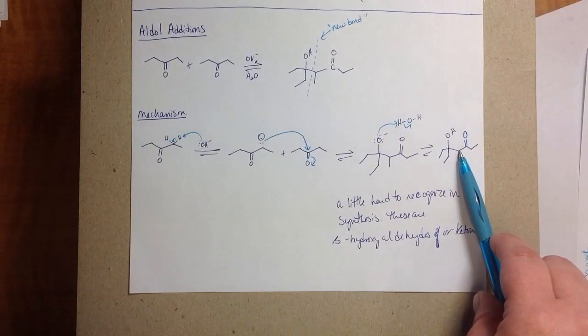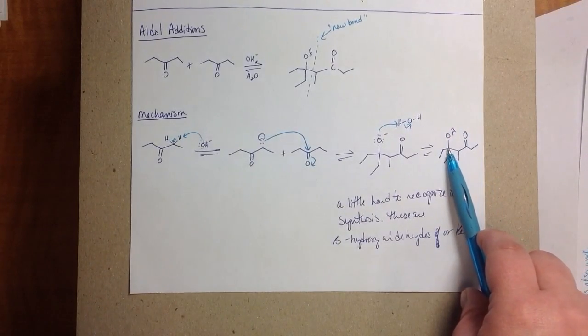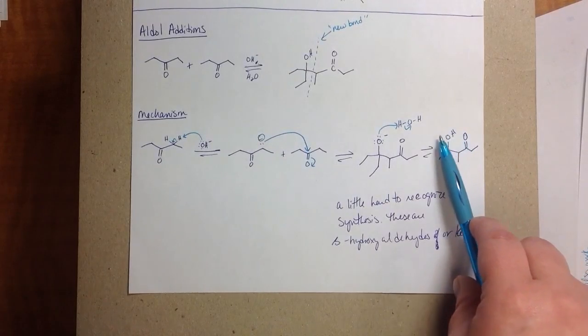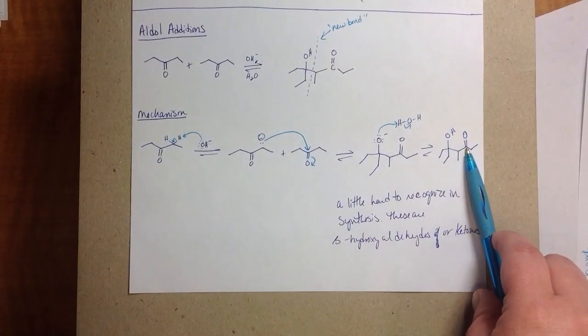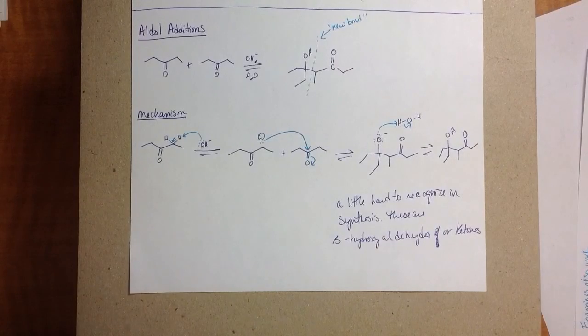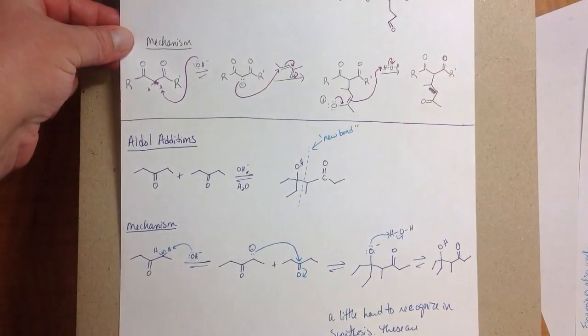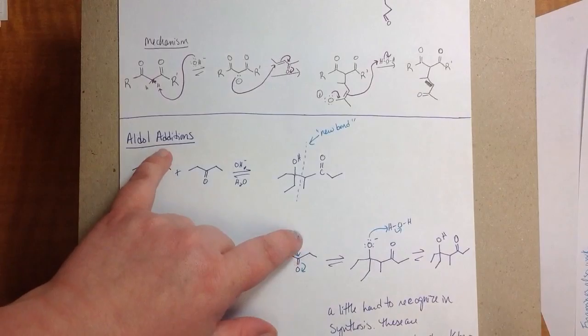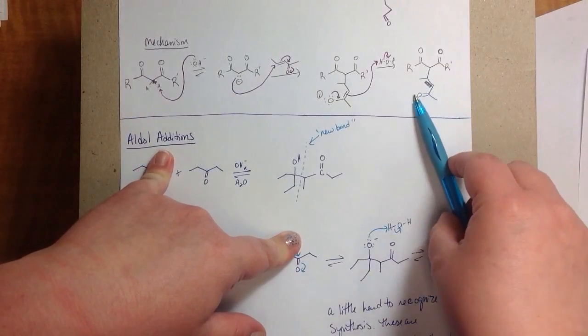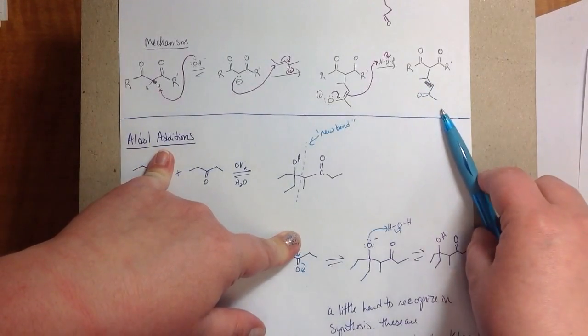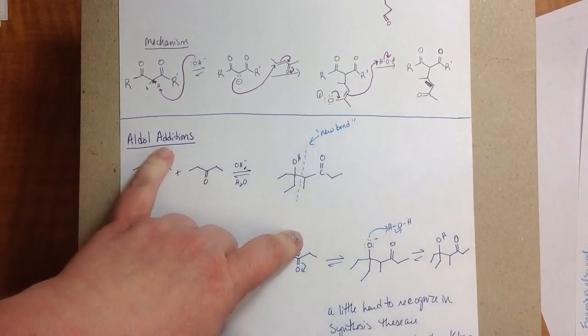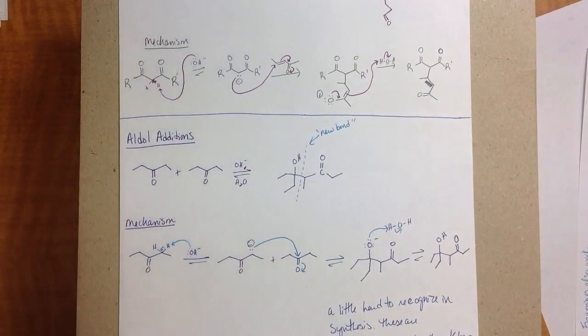That means this would be the alpha-beta position. We call this a beta-hydroxy aldehyde or ketone, usually ketone, in order to make it actually work this way. So that's basically what you do for an aldol reaction. The Michael reaction is instead adding an R group in between those, right? Okay, just want to make sure that we're clear. On to the next and more complicated one.